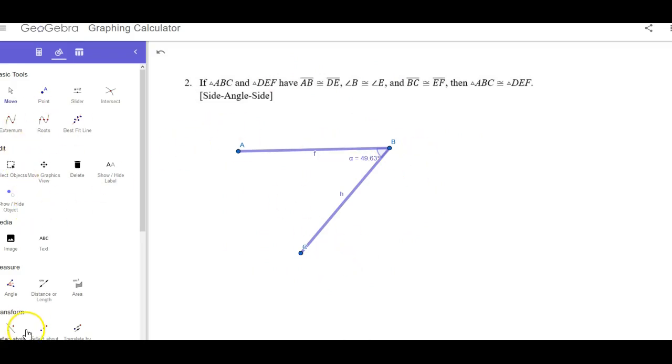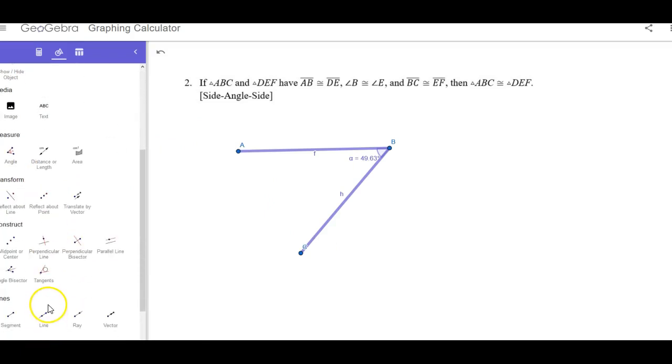So here, then I need to find the segment that's going to connect A to C. And so this angle is set. So there's only going to be one line that's going to be this ray.